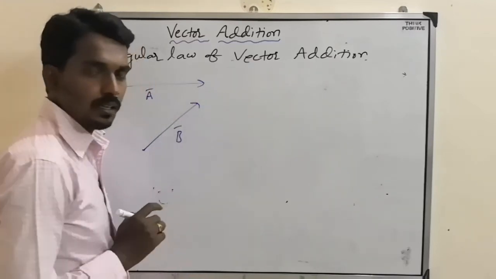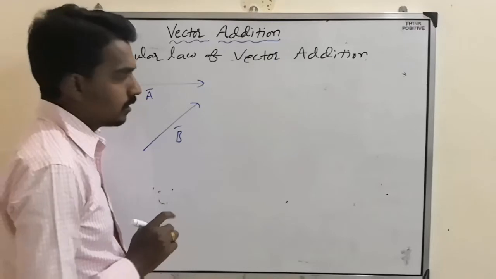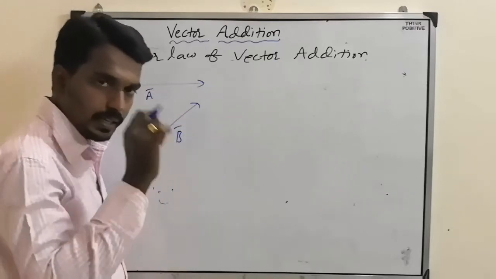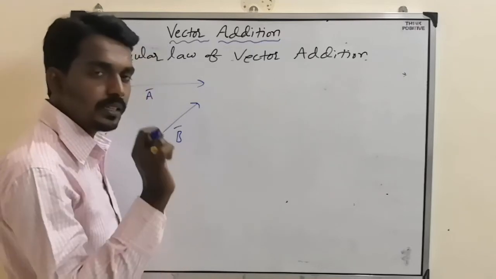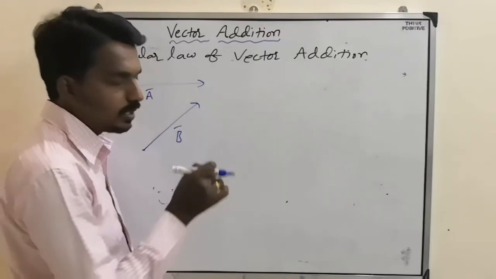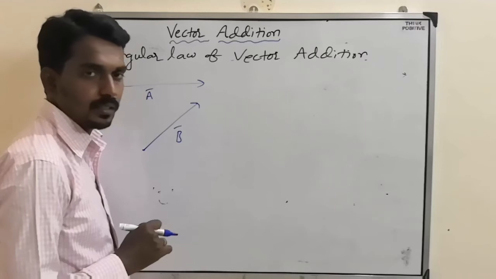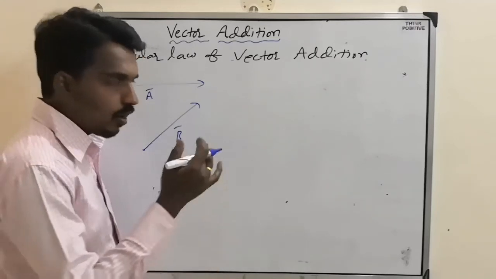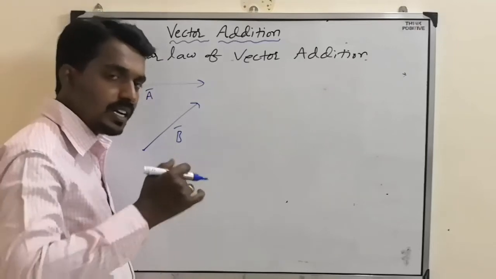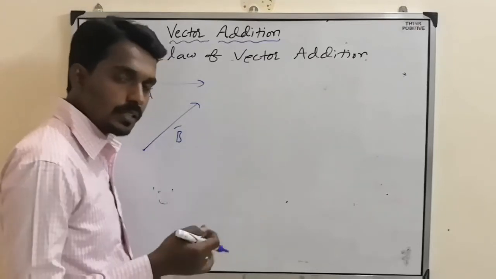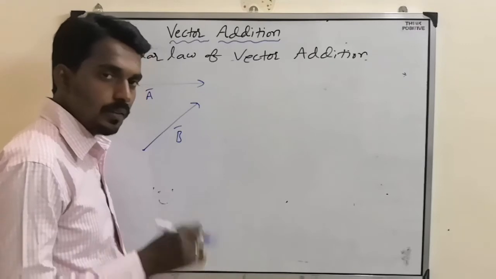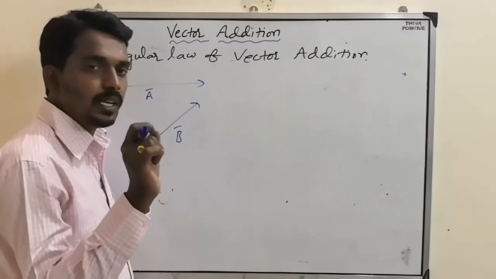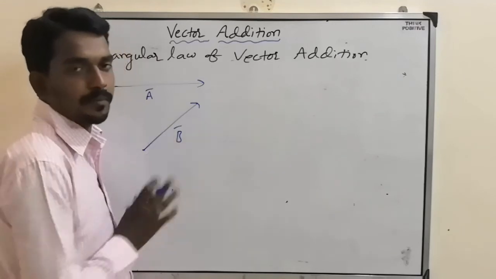To find the angle, you draw both vectors in such a way that they start from the same point. Redraw the two vectors without changing their direction, keeping the initial point the same.